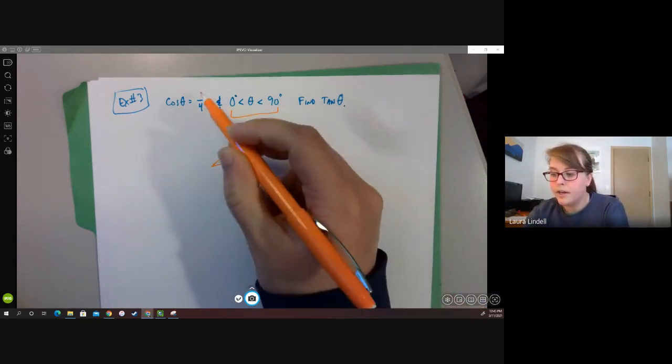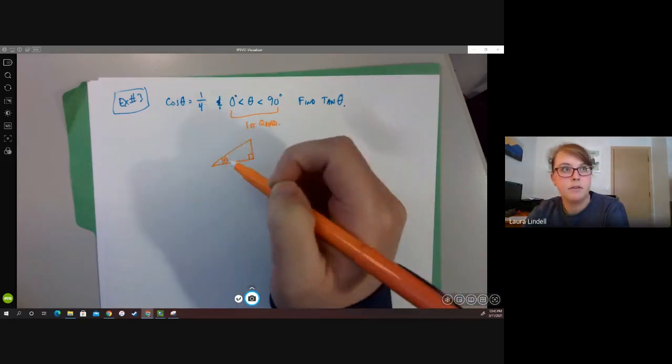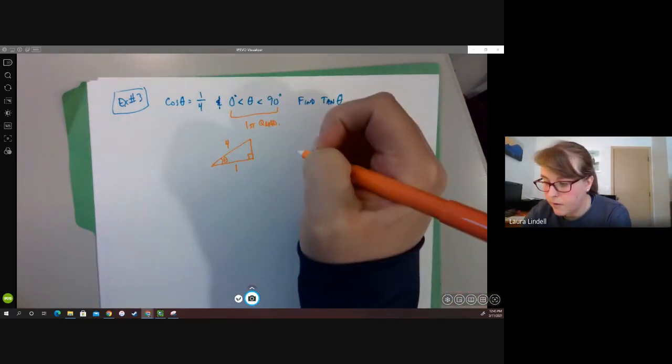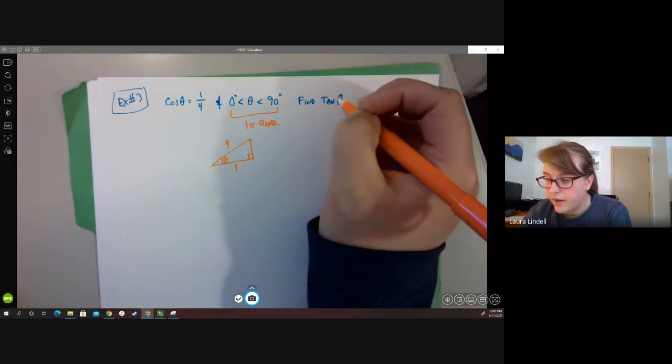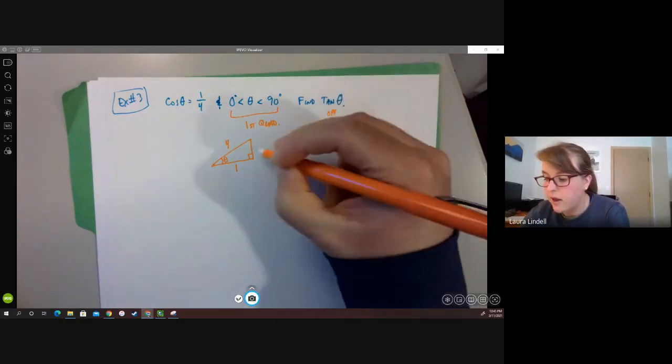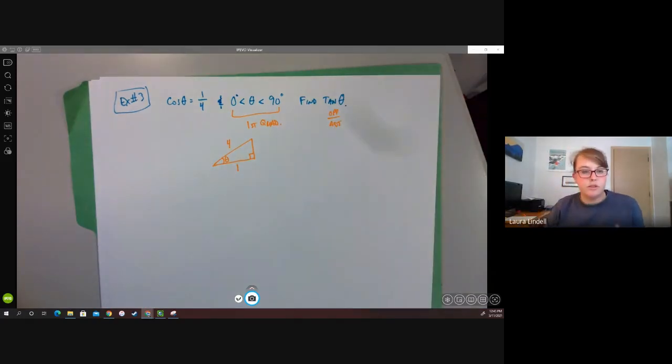We know cosine is adjacent over hypotenuse, so adjacent is 1, hypotenuse is 4. To find tangent, we know tangent is opposite over adjacent, so we need to find the opposite side. So we would use the Pythagorean theorem to do that.